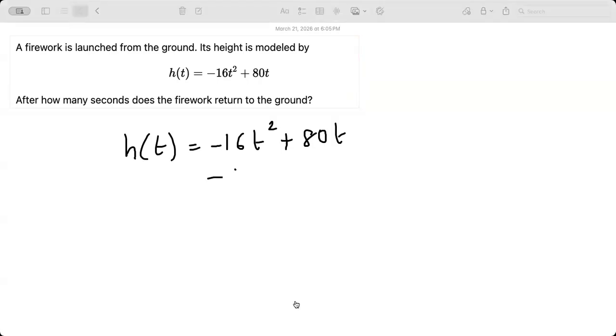What is common? 16 is common. 16t you can take out as common, right?